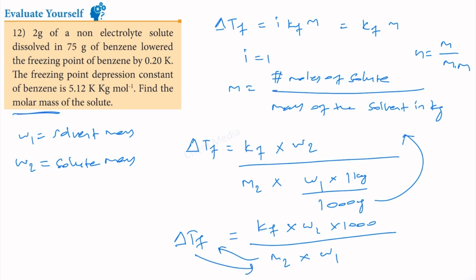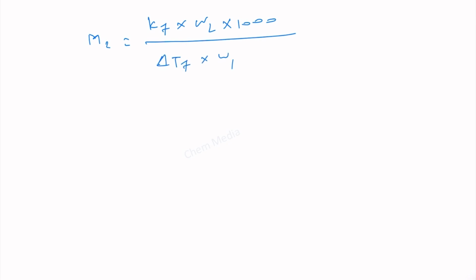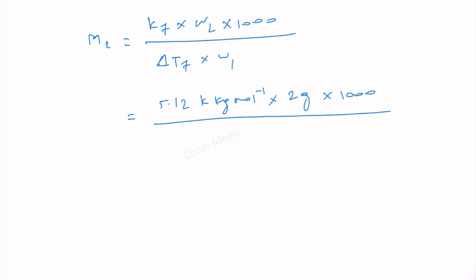So M2 comes here, ΔTf goes here, therefore the molar mass M2 is equal to Kf times W2 times 1000 divided by ΔTf times W1. Here Kf is given as 5.12 Kelvin kilogram per mole, W2 is given as 2 gram, times 1000, divided by ΔTf, given as 0.20 Kelvin, and W1 is given as 75 gram, the mass of the solvent.